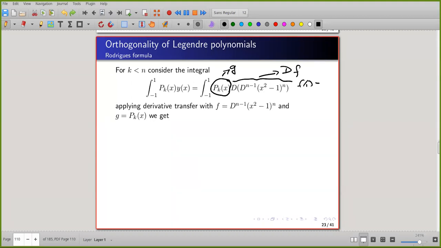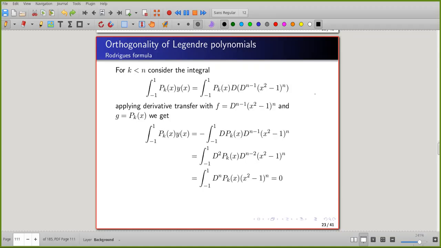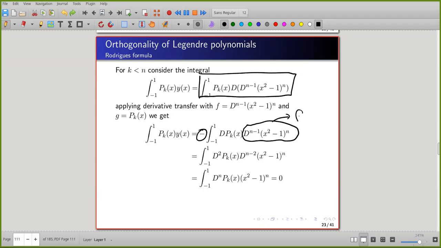That's what we just saw. And f of minus 1 is 0, right? So we can apply derivative transfer and we will get, so this thing over here is, we have a minus sign, f times dg.